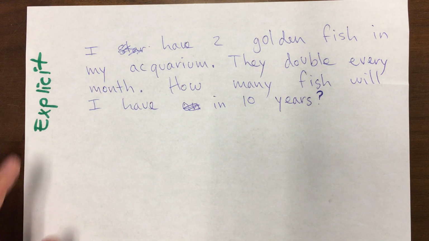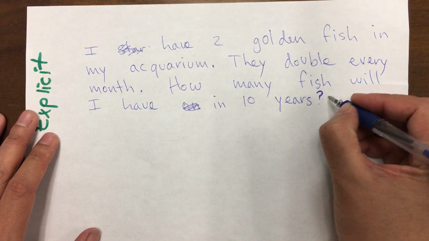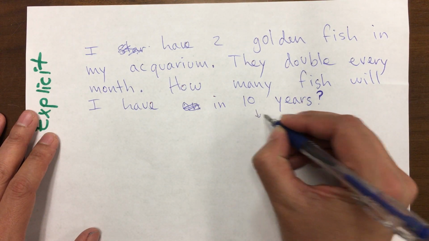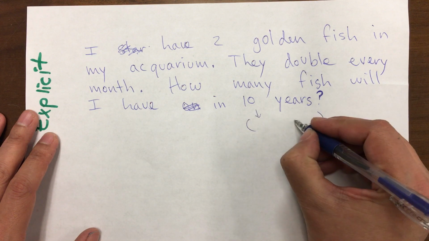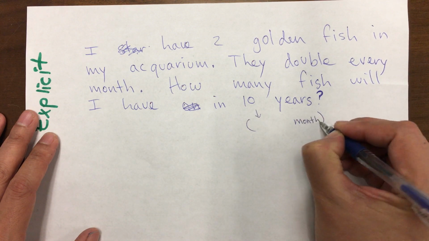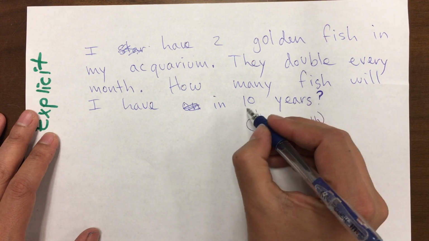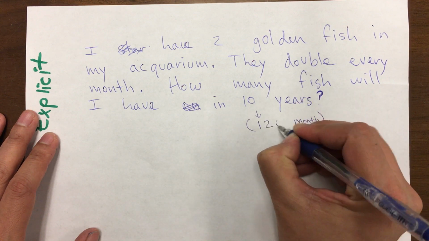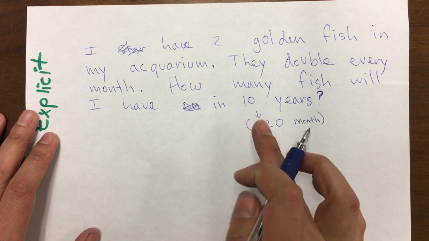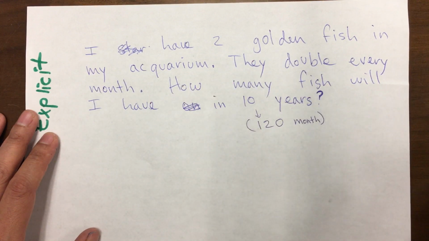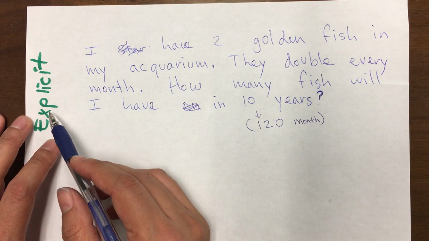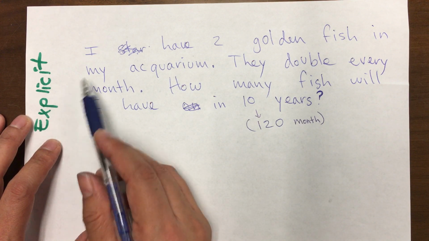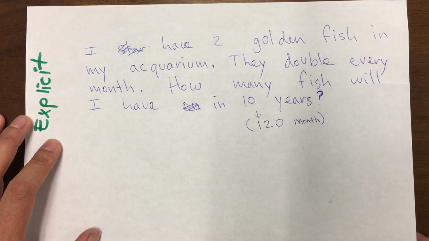And so in parentheses I would say that this means how many months in 10 years? Well, you just multiply by 12. 12 times 10 is 120 months. Again, you don't want to do a list of 120 terms, right? So that will definitely be better completed with the explicit formula.